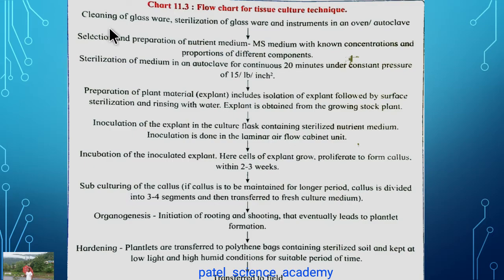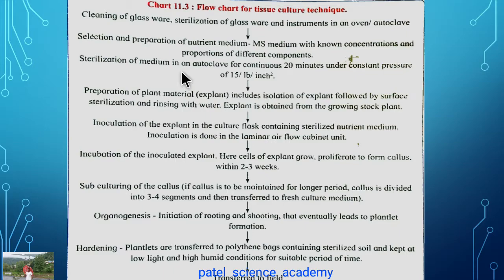The cleaning of the glasswares, sterilization of the glasswares and the instruments in an oven or autoclave. This is the first step. Then the second step for the whole tissue culture technique is the selection and preparation of the nutrient medium, that is MS nutrient medium.